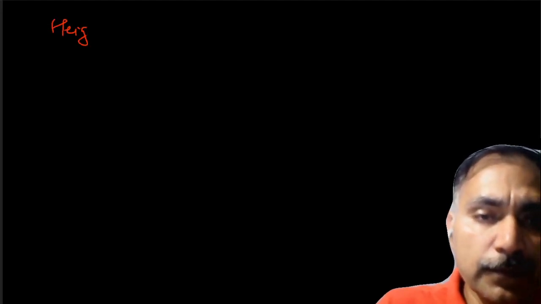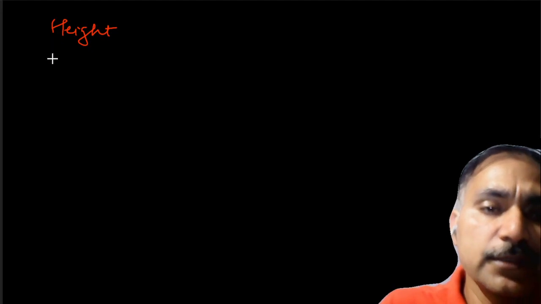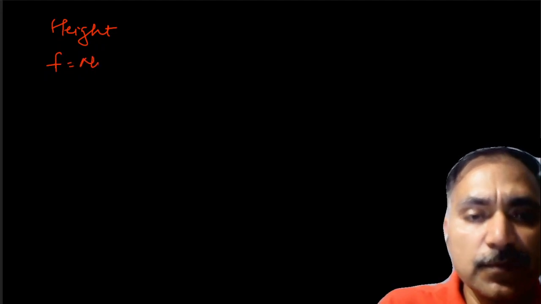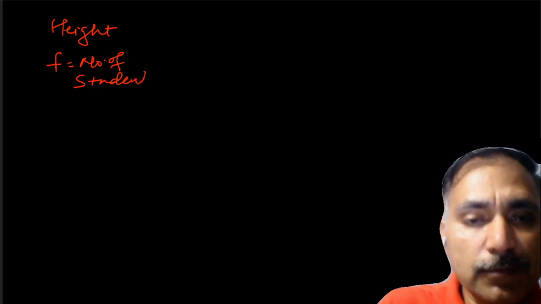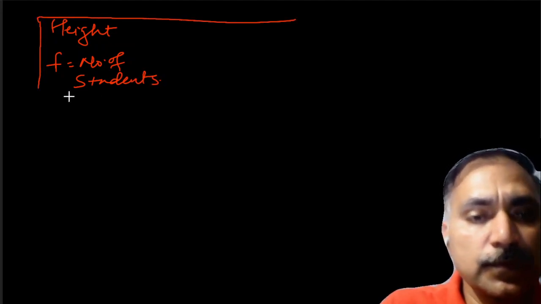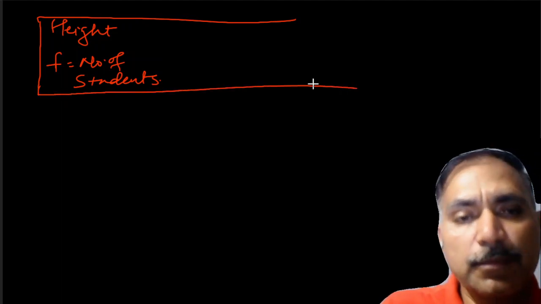Suppose you have been given a discrete data where the frequency is given and value of x is given. Let us take that type. Suppose you have been given x as a height and frequency f, that is equal to nothing but the number of students. Now let us complete the table part.